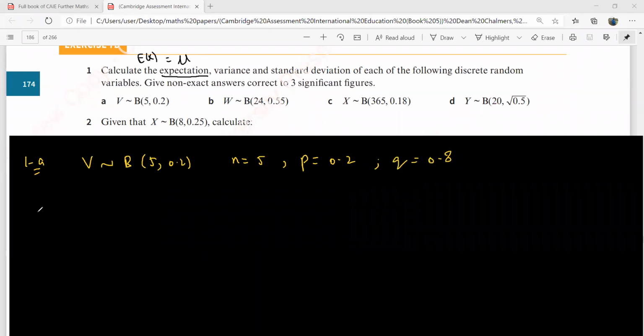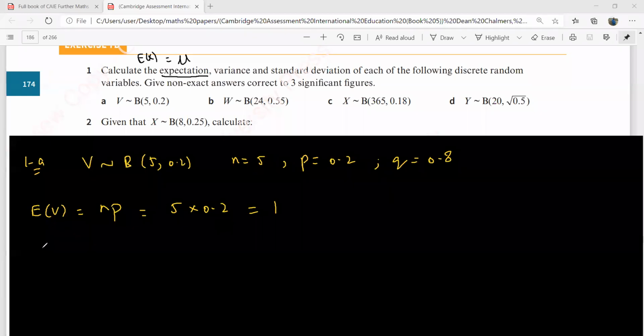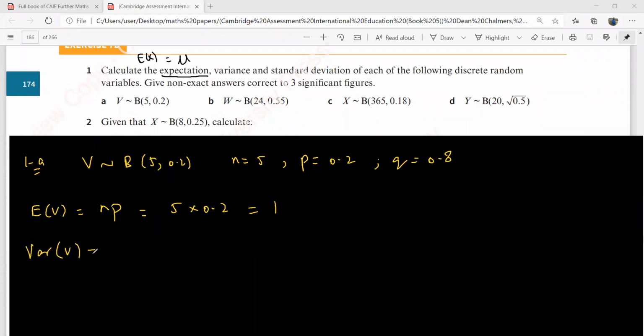When it says find the expectation, we have to find E of v, which is np. So this is 5 times 0.2, which is equal to 1. Then the variance of this v is npq, which is 1 times 0.8, so this is 0.8.